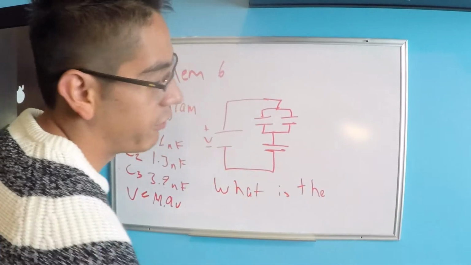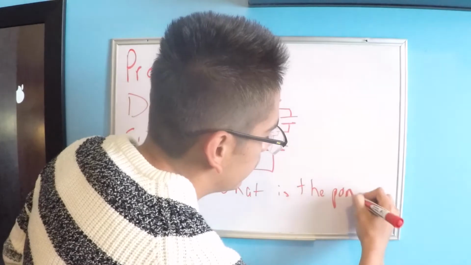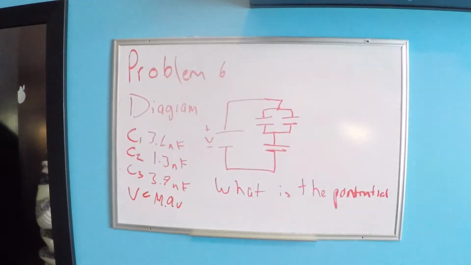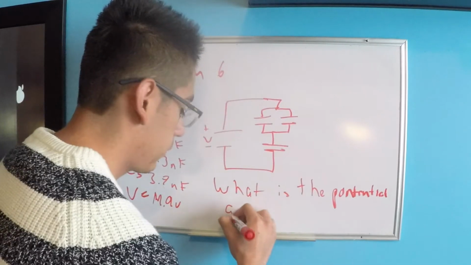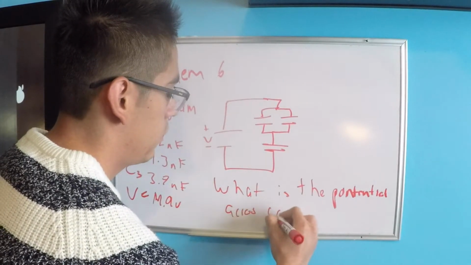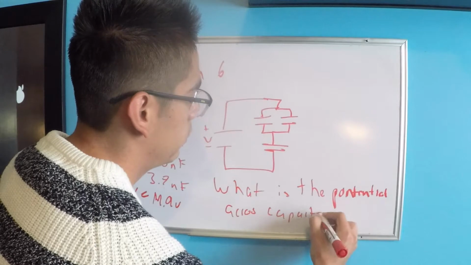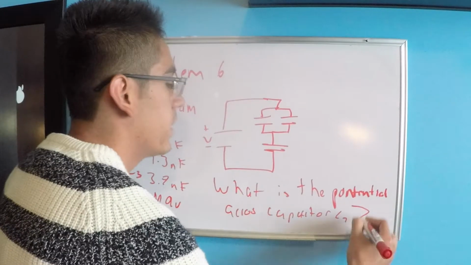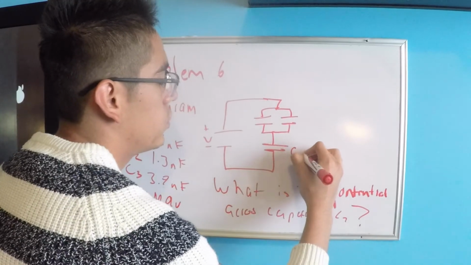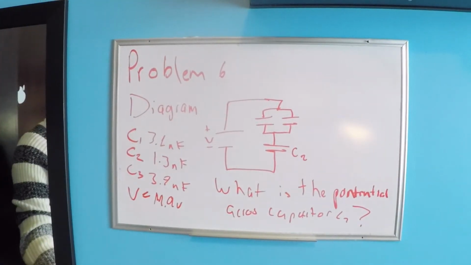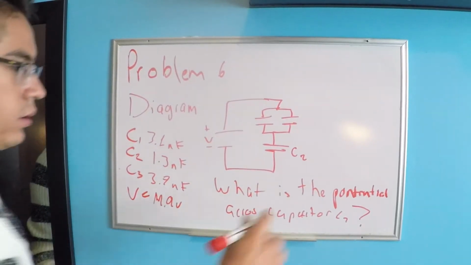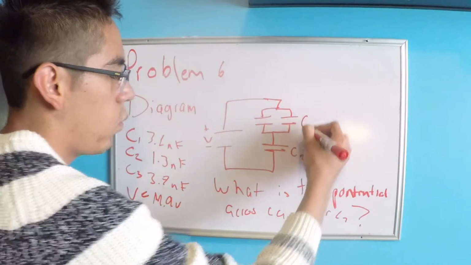Yeah, just a fancy way of saying that, but the potential across capacitor C2. We have our capacitors that it is C2. Then we got the capacitor C1.